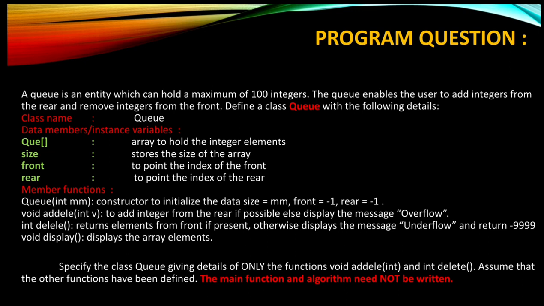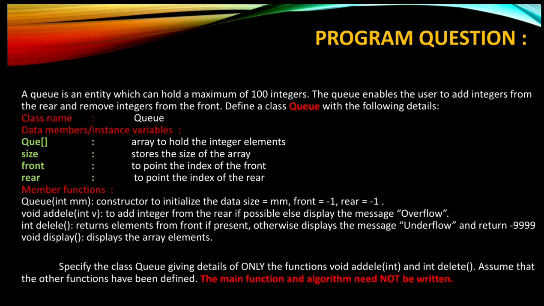Then we have a void add element, means we are supposed to add element here. And if overflow condition occurs, then we have to display overflow. Int delete means element should be deleted from front end, and if we don't have any element, then we have to display underflow by returning -9999.